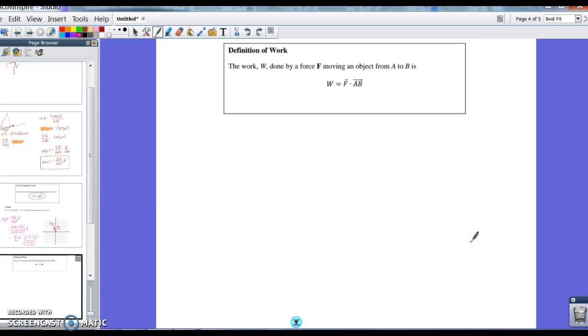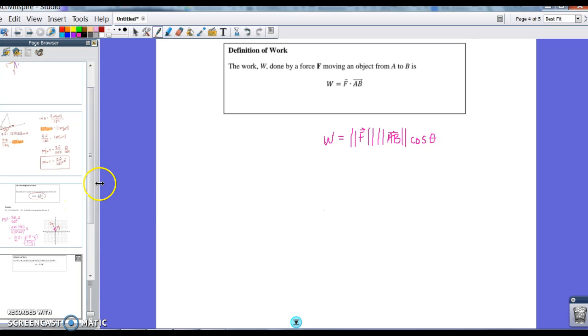Oftentimes we're not going to use this form of it, but rather we're going to write out what that dot product is. If I wrote out that dot product, that would give me the magnitude of F times the magnitude of AB times the cosine of the angle between them.